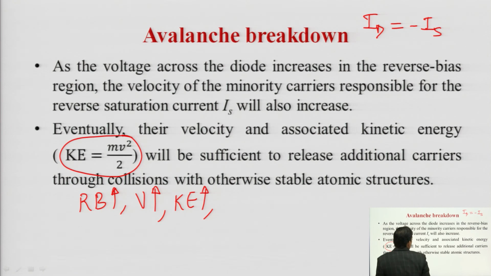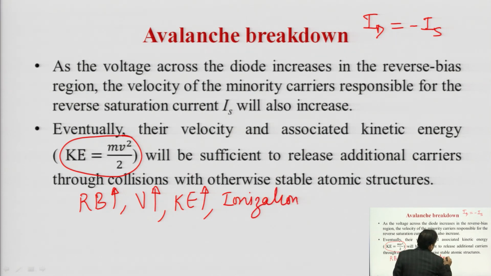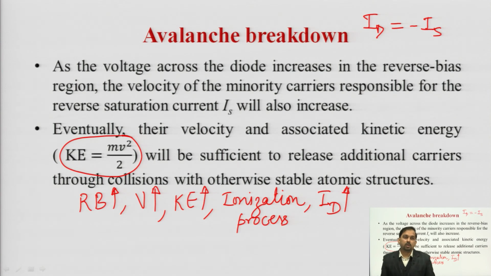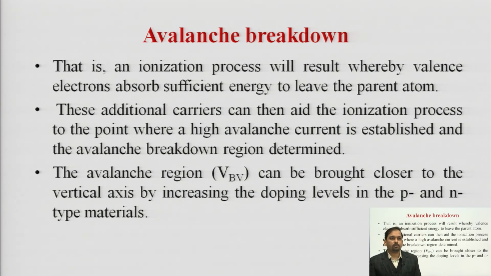Now, this kinetic energy is responsible for the ionization process, and due to that ID, the diode current, increases.